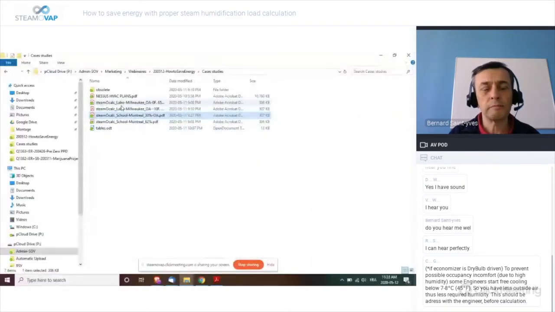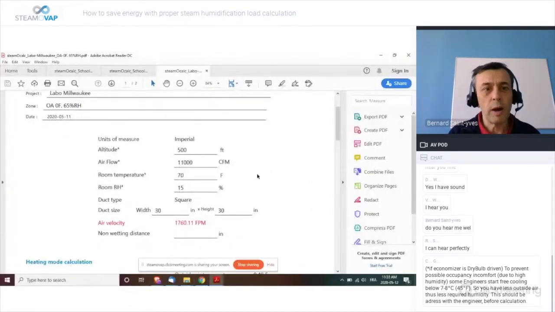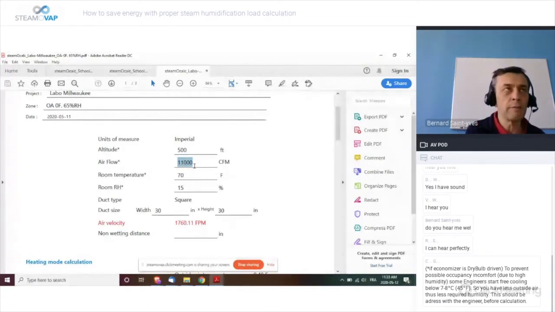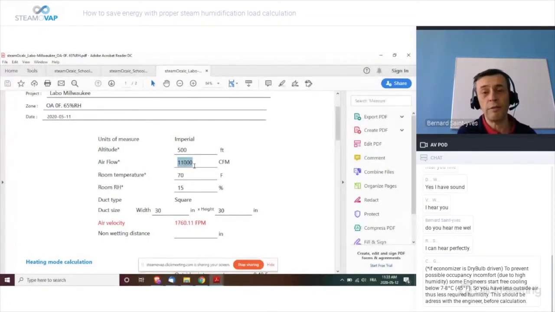So the first one is this one, 500 feet above sea level. In the table, there was information that the calculation has been done at 11,000 CFM, but the duct CFM where the steam distribution ramp is, is 8,000.